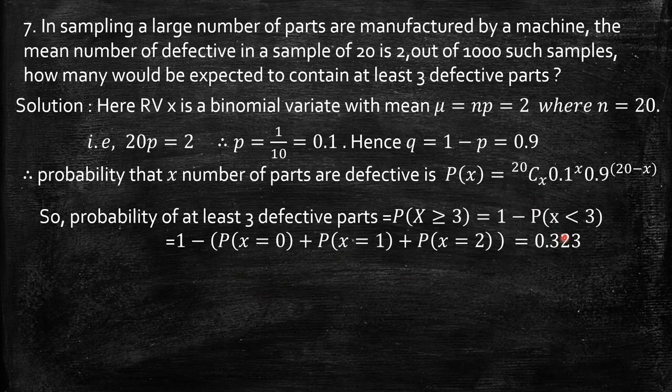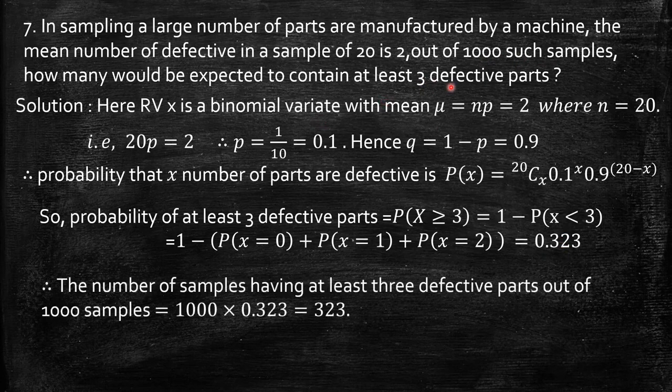So now once I get the probability that at least 3 defective parts is 0.323, now I want out of 1000 such samples, how many would be expected? So I have the expected number, I can multiply that by 1000. The number of samples having at least 3 defective parts out of 1000 such samples is 1000 into 0.323, that is 323.